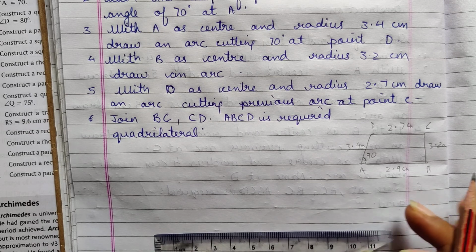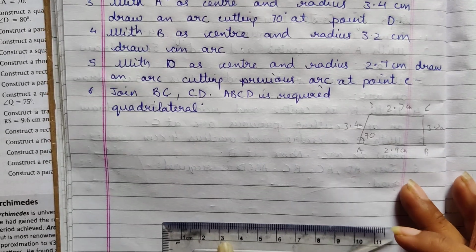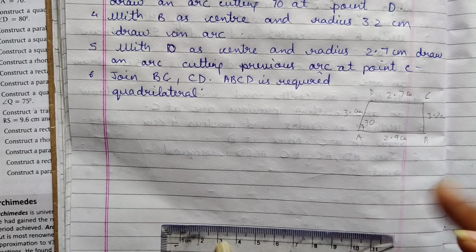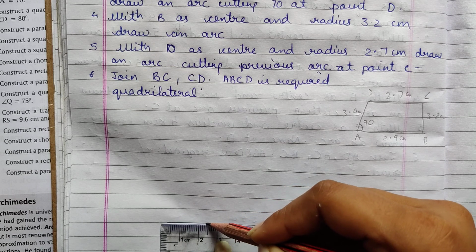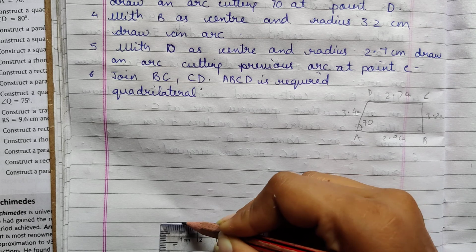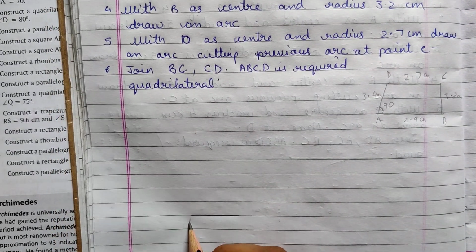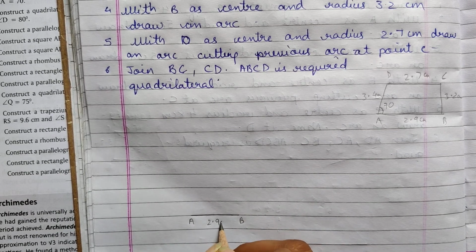We'll start by drawing a line segment which is 2.9 centimeter. It will be a very small line. 2.9 centimeter is not a long distance. This is point A, this is point B, and this is 2.9 centimeter.